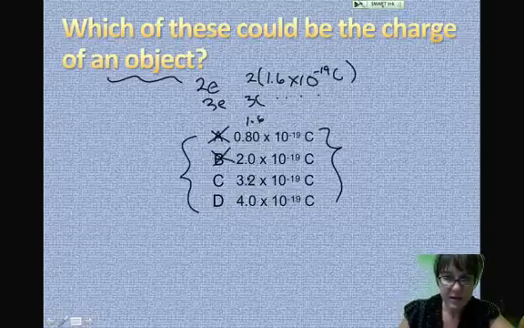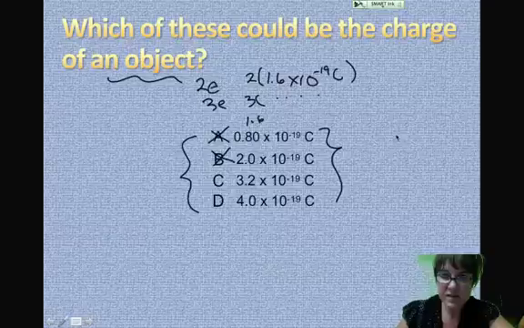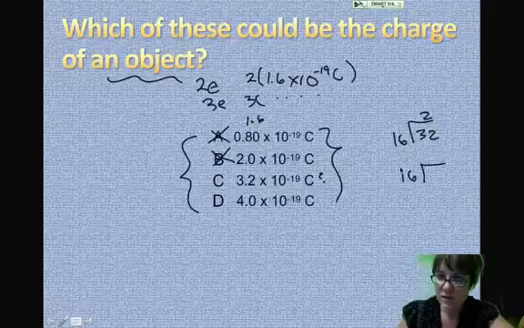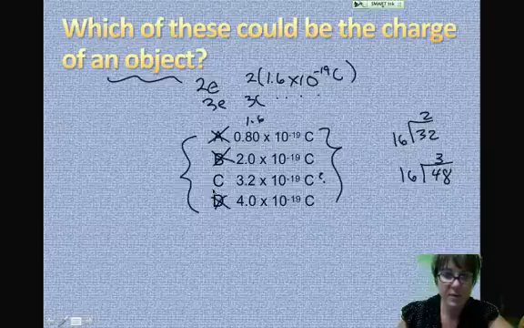That can't be right. 3.2, well, 16 goes into 32 2 times, right? And so maybe this one is it. That might be it, but let's check the last one. 4.0, 16 goes into 48 3 times, but it doesn't go into 40 evenly, so that can't be it. Our best choice is C, 3.2 times 10 to the negative 19 coulombs.